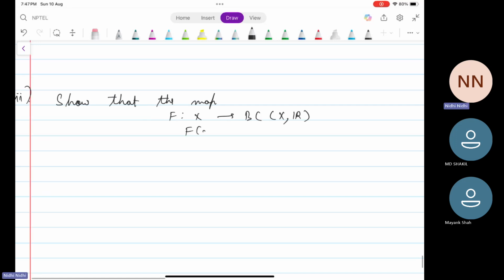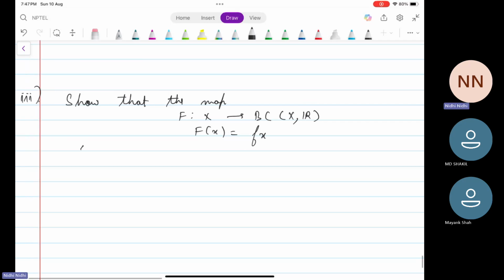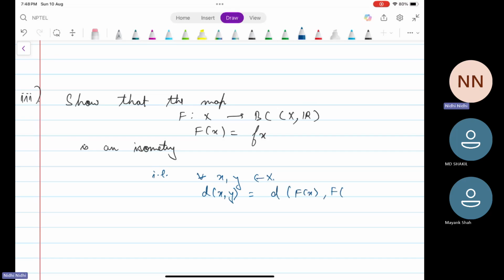And F(x) is an isometry. That is, for every x and y in X, the distance between x and y is equal to the distance between F(x) and F(y).